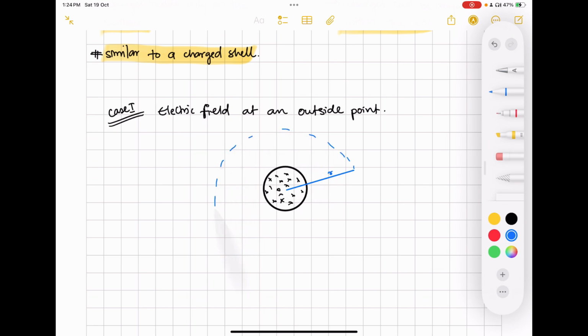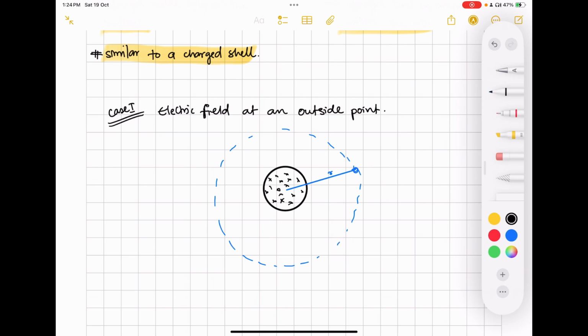What we will do is assume a Gaussian sphere in such a way that the point at which we need to find the electric field lies on its surface.